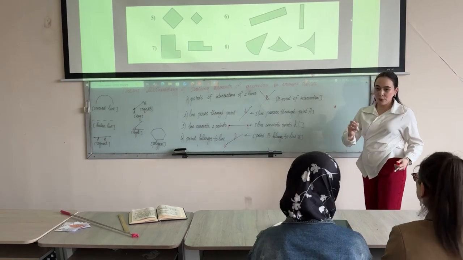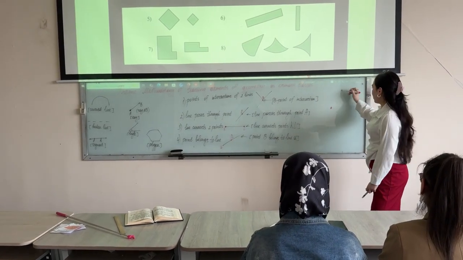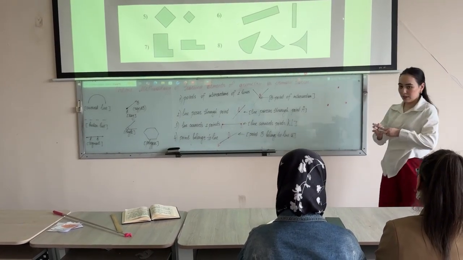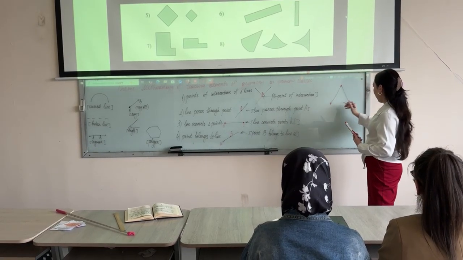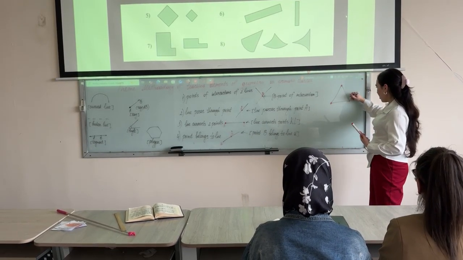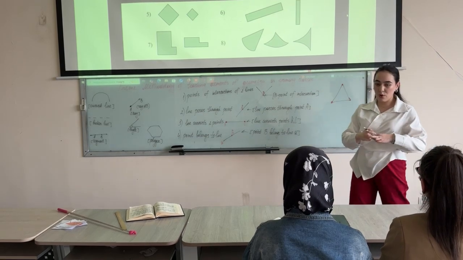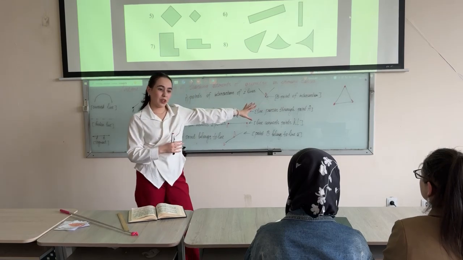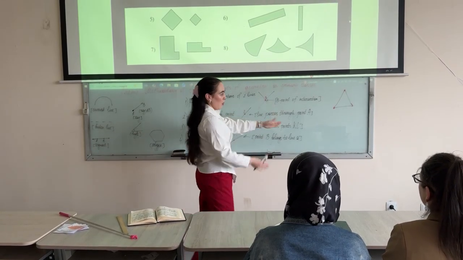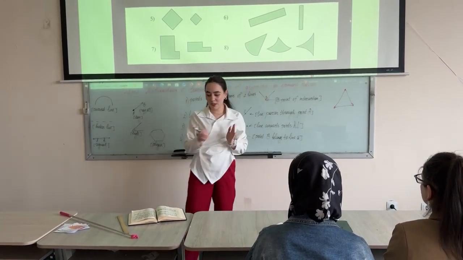If we put some points in different locations, we can connect them and get a figure, and we can make various types of figures out of points. For example, which geometric element did I draw with this colored line? Thank you. It's a triangle.